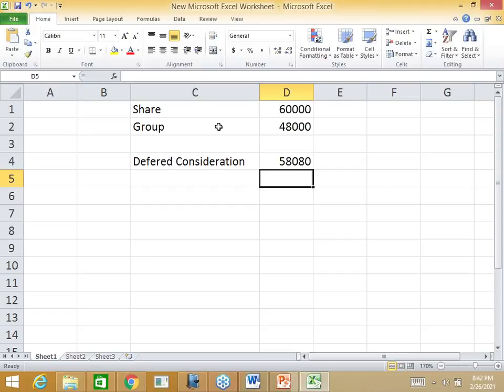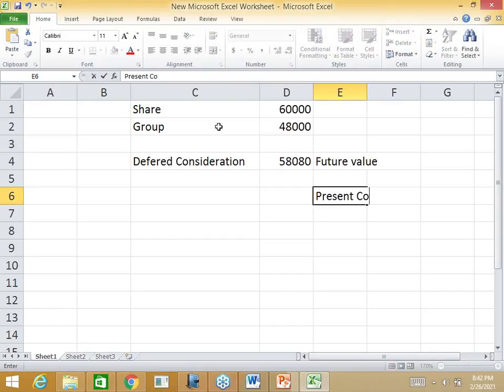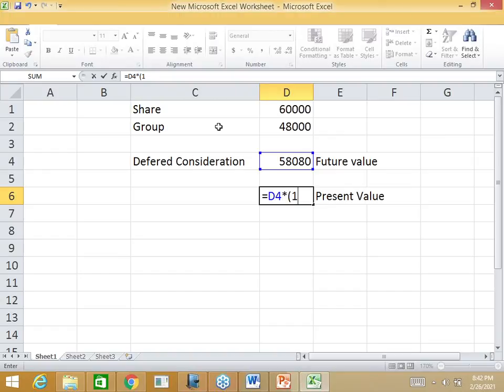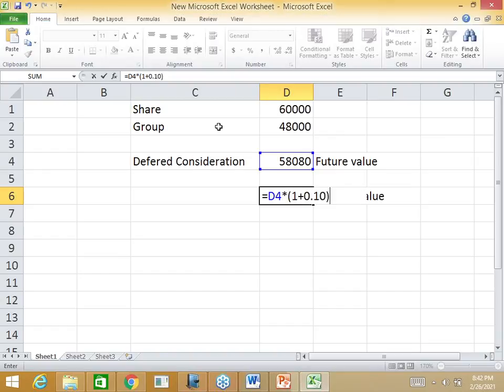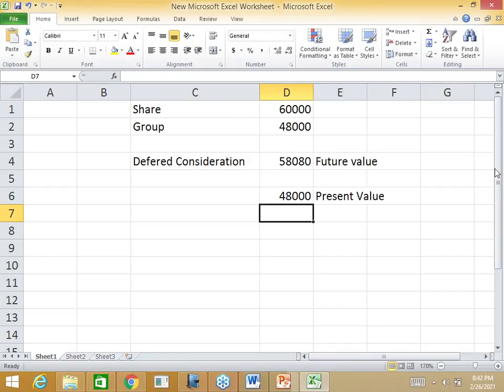That is the future value. So we need to calculate the present value of this deferred consideration. The present value will be the future value into bracket open 1 plus 0.10 bracket close raised to the power minus 2. This amount will be 48,000. So I hope it's clear now.